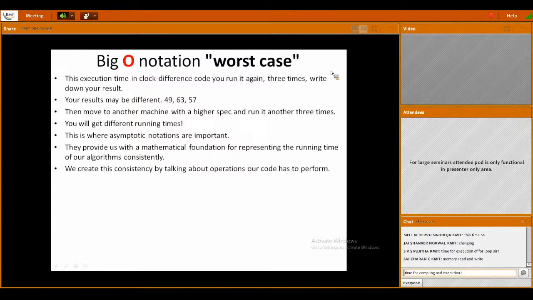Nobody can deny that memory read and write is of course a factor. But looking at the code, we are talking about the algorithm. Memory read and write is a valid point, but looking at the code, like how Pujita specifically said, the execution of the loop. So the factors we can consider are the operations a code may perform, maybe memory reads, maybe operations such as array lookups.